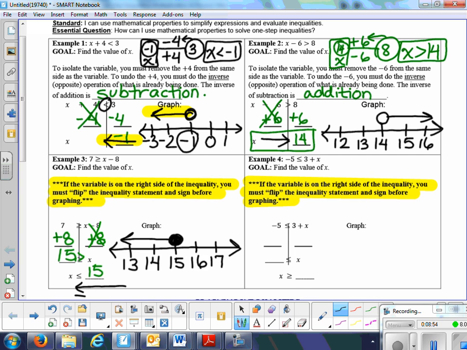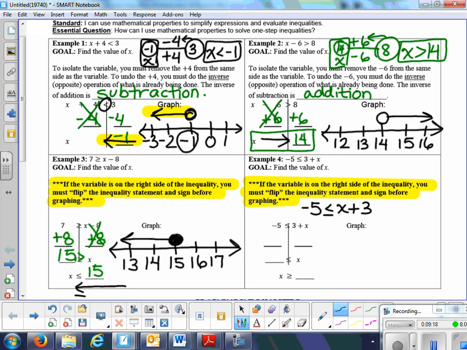Okay? We have one more that we're going to do, and that is -5 is less than or equal to 3 plus x. We are using addition, or this is a positive 3. If you want to rewrite that, you can. You don't have to. You may want to rewrite that as -5 is less than or equal to x plus 3.